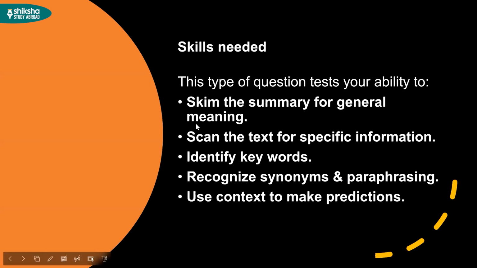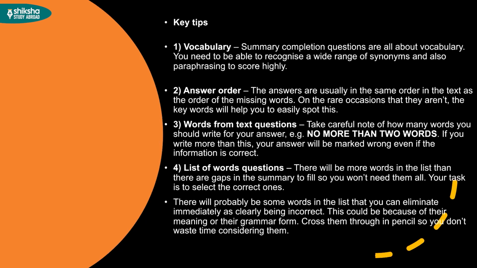I'm sure after so many webinars I have explained to you many times the meaning of these words: skim, scan, synonyms, and paraphrasing. I'm assuming that you already know them. If you do not, you can go back to our previous webinars, look for the video on our page and grasp the knowledge for these words.